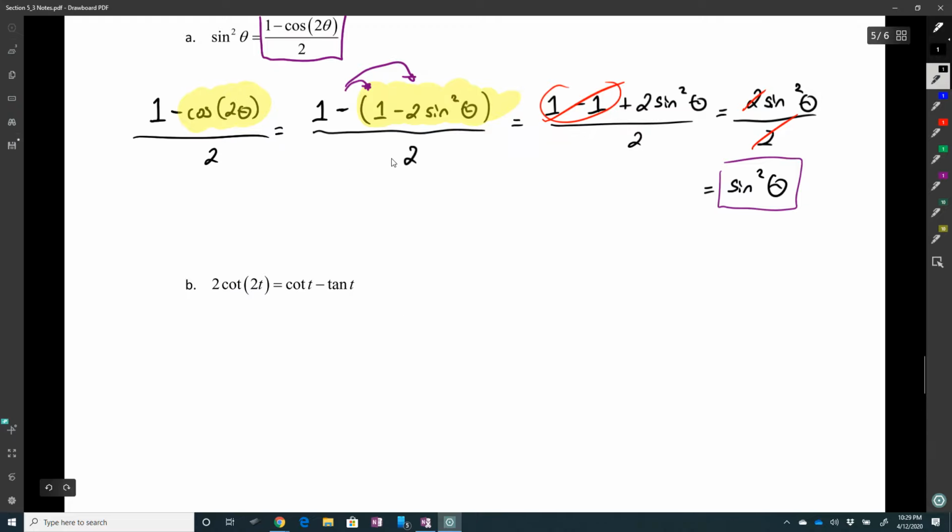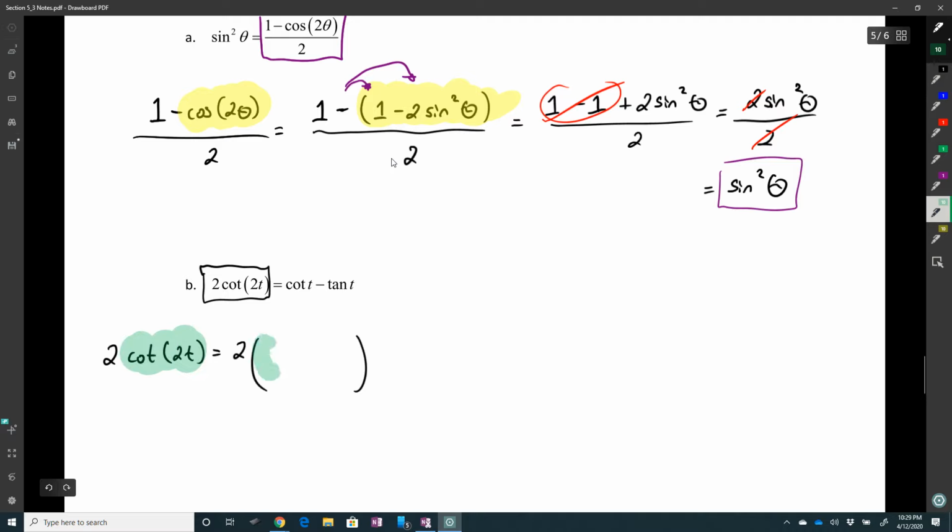Same thing here. This is 2 cotangent of 2t equals cotangent t minus tangent t. I'm going to go with this side. And so cotangent is just the flip version of the tangent. So I'm going to get the tangent formula, and I'm going to flip it.